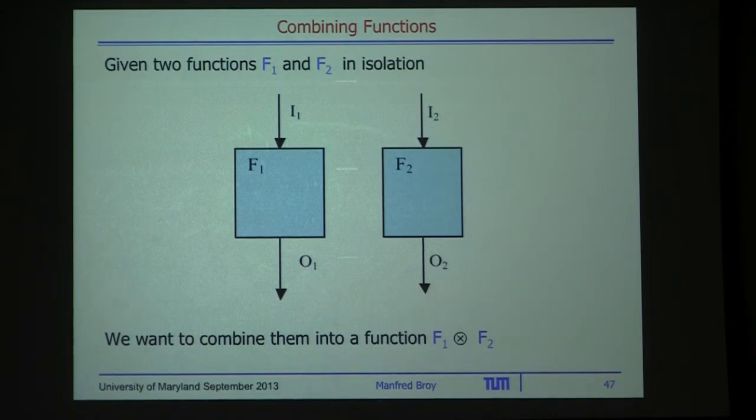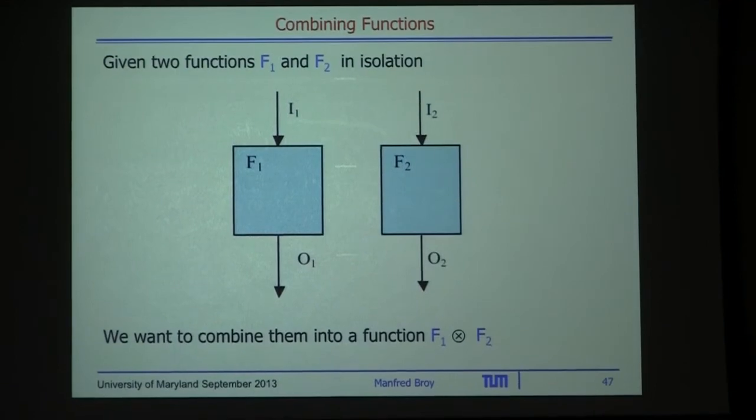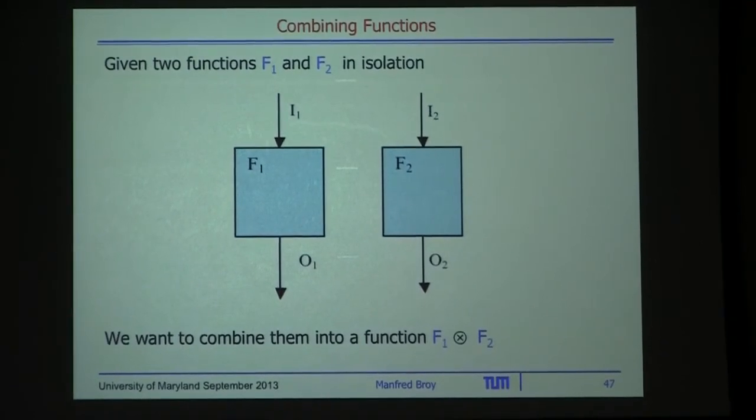You have a functionality in the car which you would like to understand as a separate functionality, say air conditioning. And you have another separate functionality, say braking. And then the question is whether there are dependencies between these two functions. So the question is, can your air conditioning system in your car influence your braking system? And the answer is: better not. In fact, there were cars produced where this was the case.